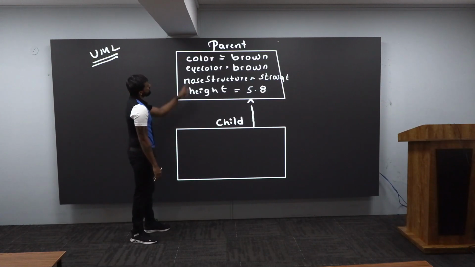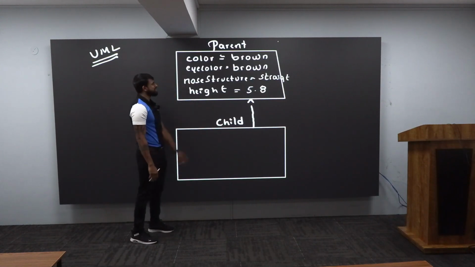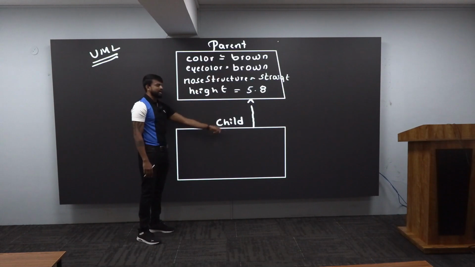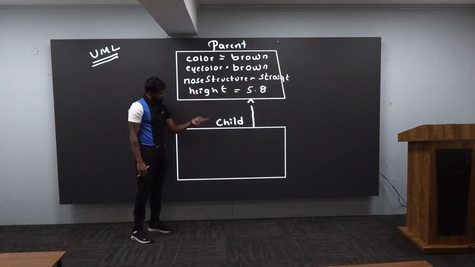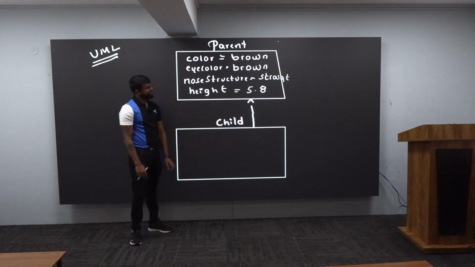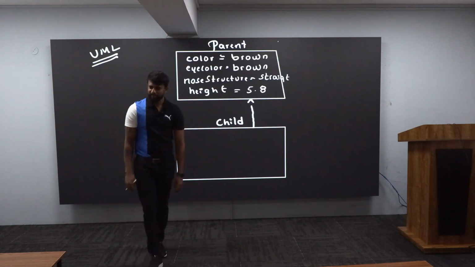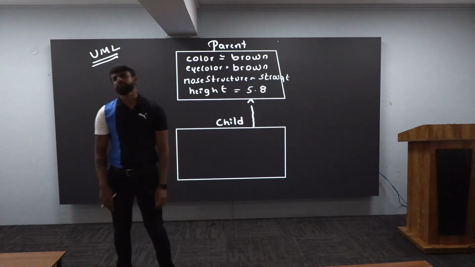So, eye color is brown, and what child will get? Green, blue? Brown only you should get. Good. Nose structure almost there. And height also approximately there itself. Parent is 5.15 and child is 6.1, 6.2, 100% there is a problem.